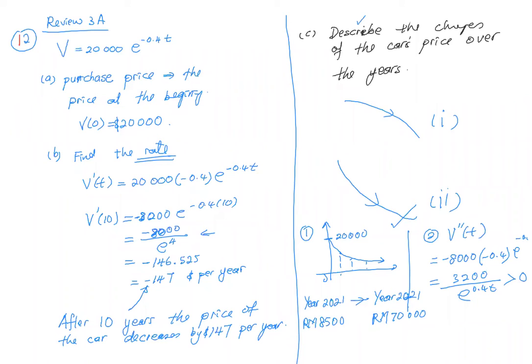Actually we don't mind how you get to that, as long as for this question the answer is the right answer. The answer for this one is the price is decreasing with decreasing rate.